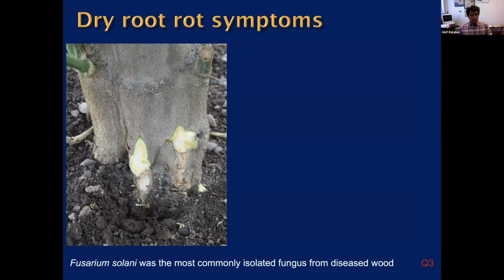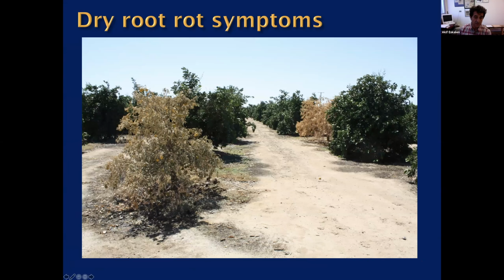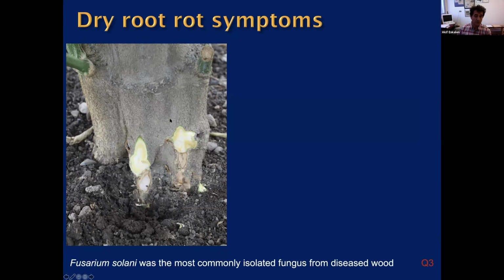So what is the causal agent of the dry root rot? In the research that we have done, and previous research also confirmed, Fusarium solani is the most commonly isolated fungus from the diseased wood. This is one of the trees that you can see at the soil line.